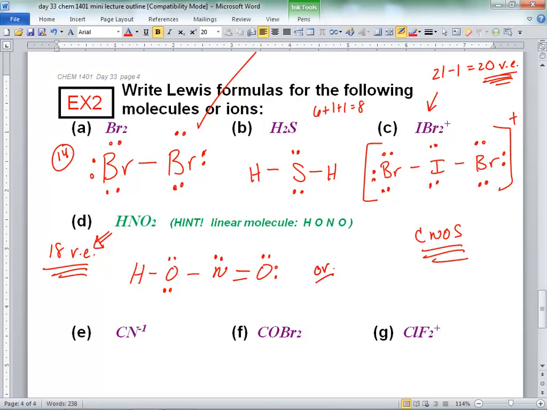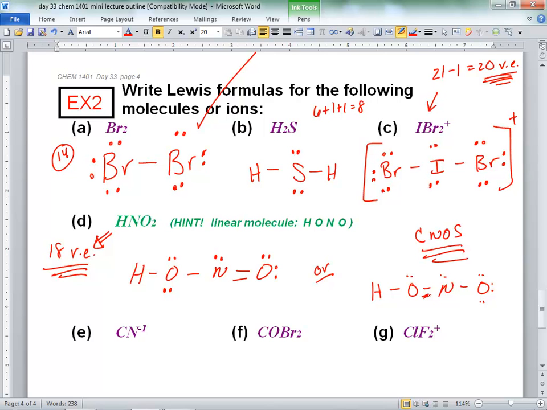Because I could have erased the other one. Let's go back to how we had it. We had this. All right, let's erase this one and put it in.